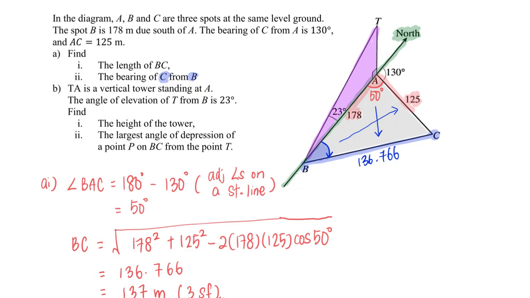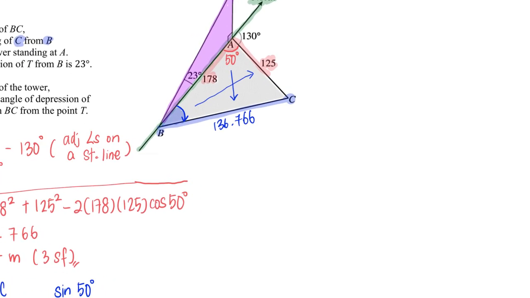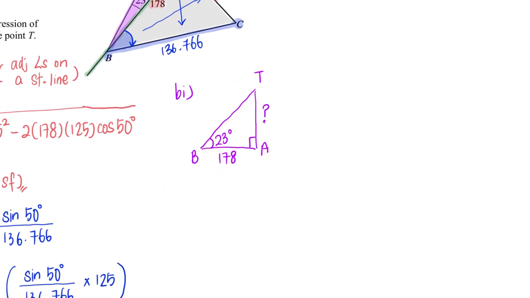Since TA is a vertical building, this simply means that for B part 1, I would channel my focus to this right angle triangle TAB, where I will have 23 degrees here, 178, and I'm supposed to find the height of this vertical building TA. Yes, we are going to apply SOH CAH TOA now. I'm supposed to find my TA, which is the opposite side.